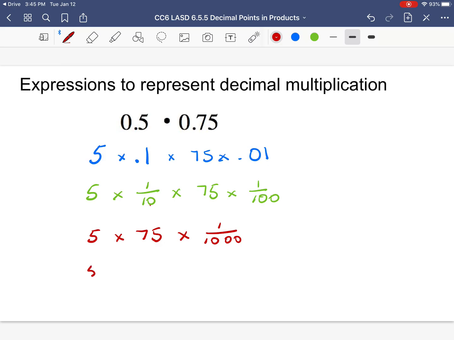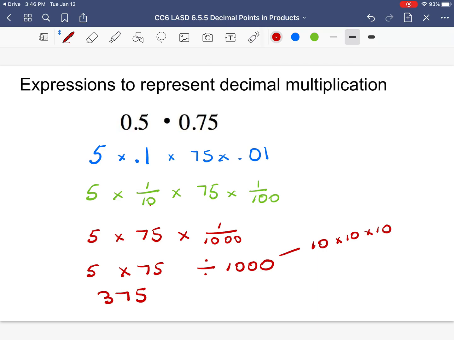And that's equivalent to 5 times 75 divided by 1000. So 5 times 75 is 375, and 1000 is 10 times 10 times 10. So we will move the decimal point 3 places to the left.